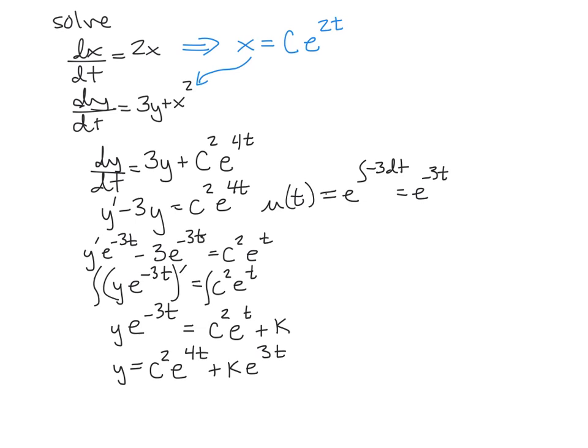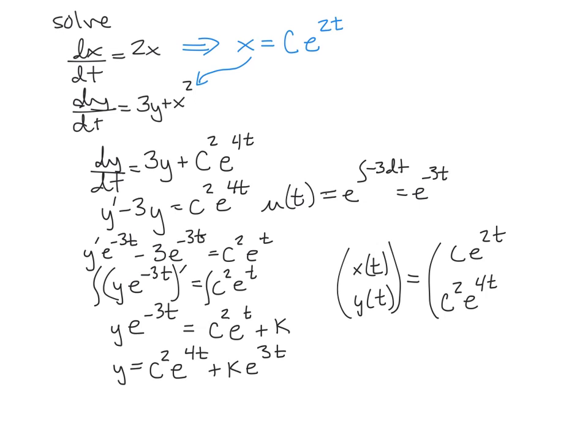So our solution to this differential equation, we usually put this in a vector form where we've got an x of t on the top of this vector and a y of t on the bottom. The x of t was c e to the 2t, and the y is c squared e to the 4t plus k e to the 3t.